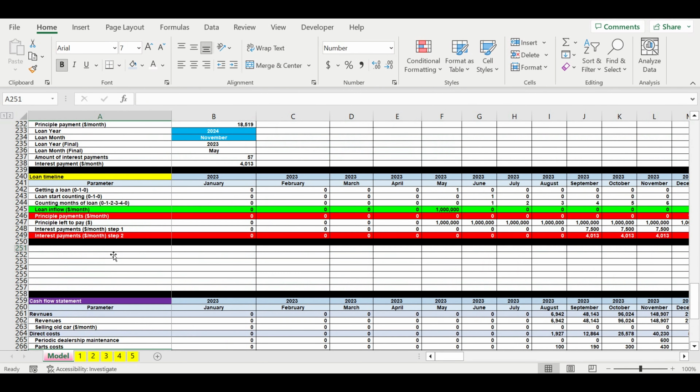For taxes we will create a new block of inputs. This will be tax, and here will be the rate.